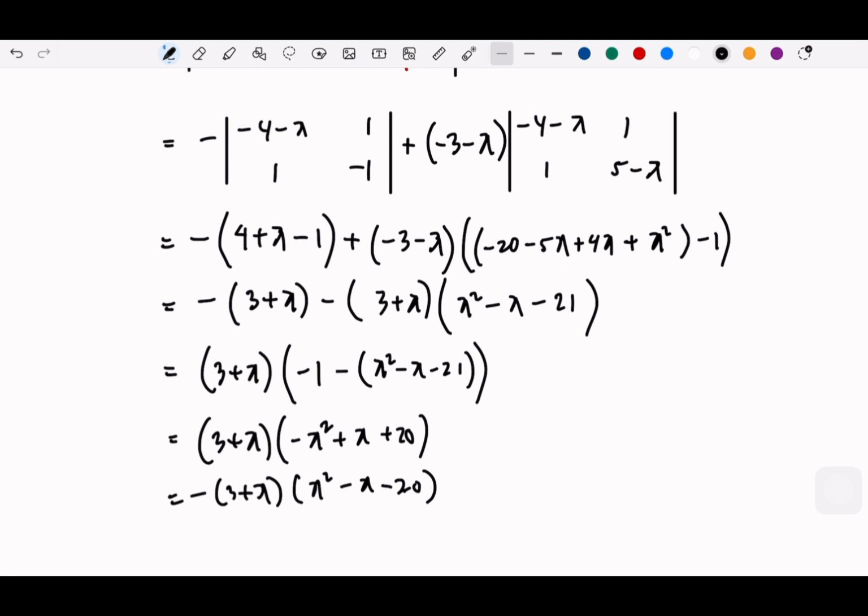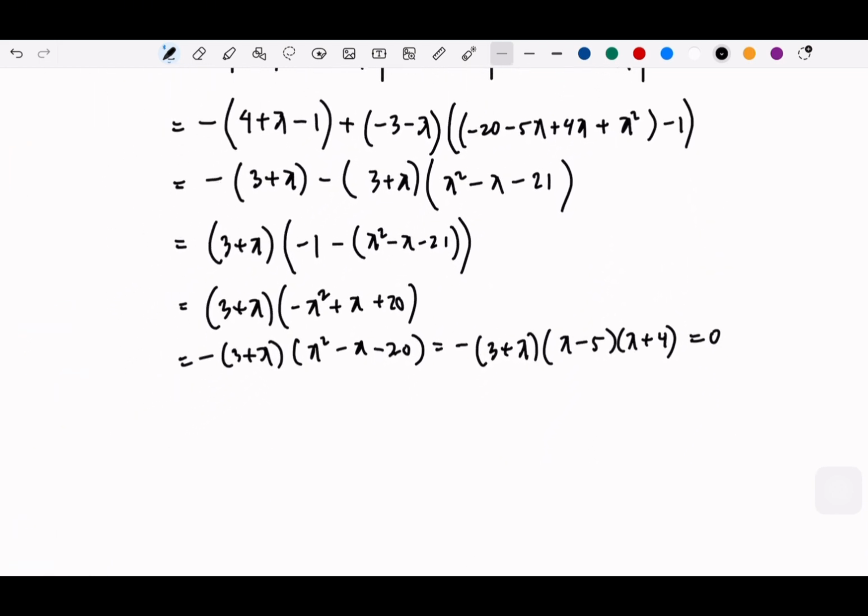So we can make this. Yeah, finally. So this will be our characteristic equation, and we get 3 lambdas, 3 eigenvalues as we expect.